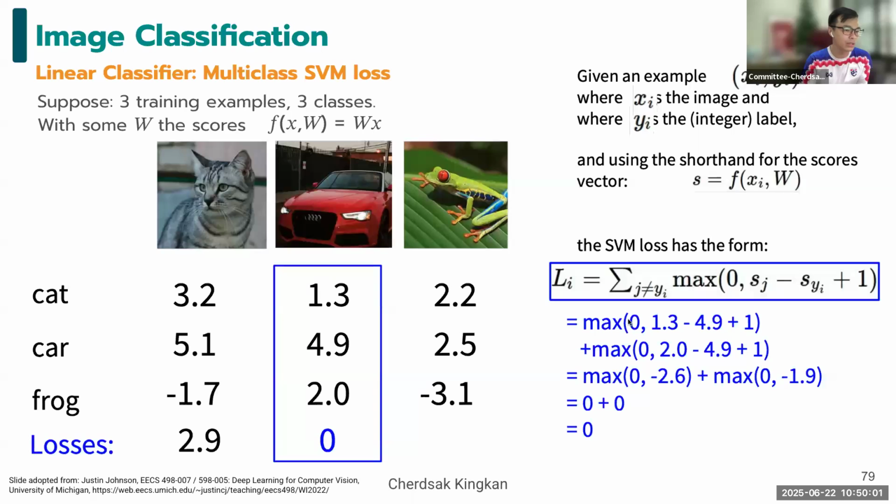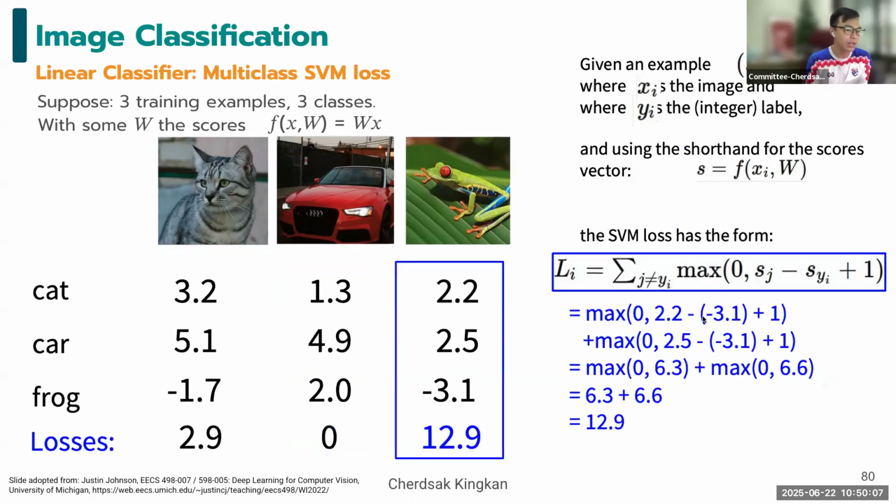This term is going negative, which means the max of this one will be 0. And then this term, oh no, it's different, it's wrong. It has to go back.